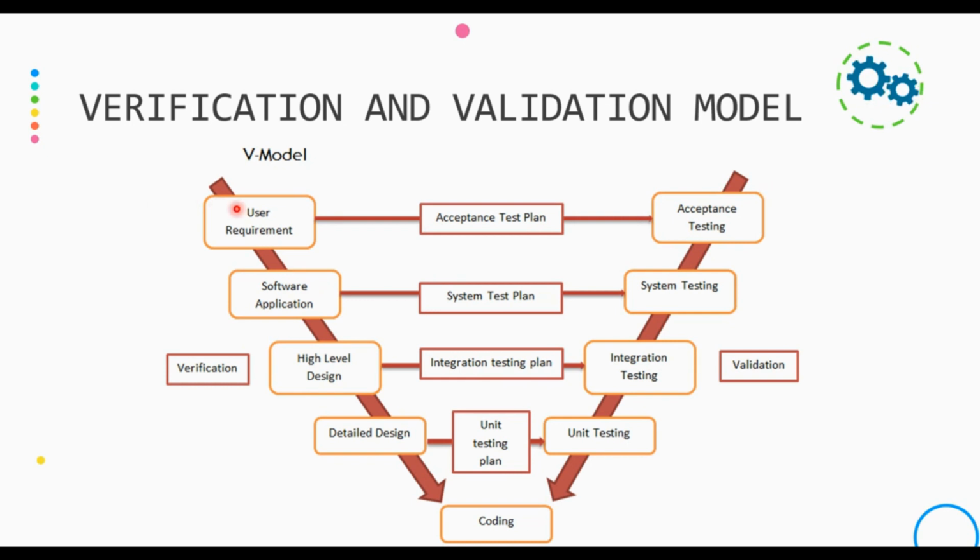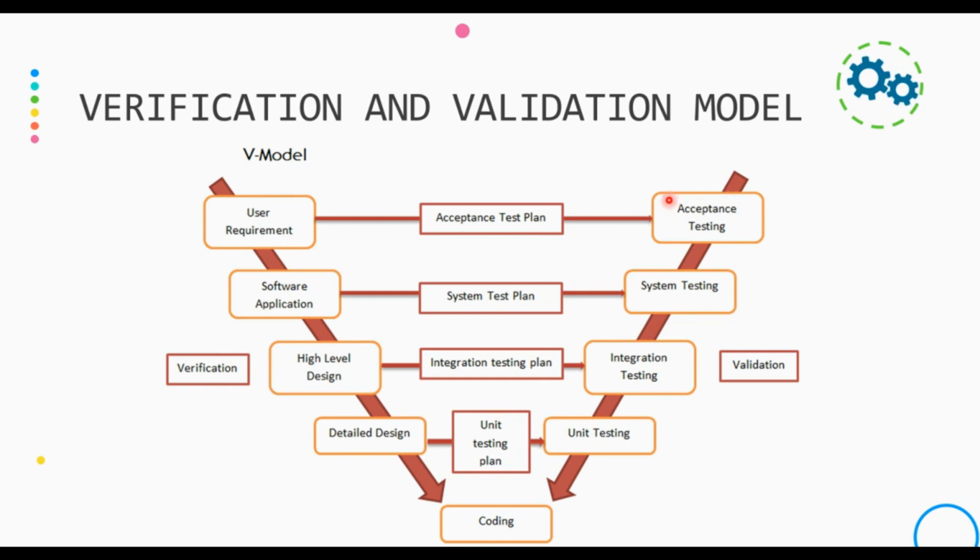If the requirements do not match the acceptance of the software or the customer, then it will fail. The requirement is completely mapped with the acceptance testing, because the requirement is completely dependent on the customer. Whatever the customer defines, as per that the product will be designed and developed, so this obviously maps directly with the acceptance testing.